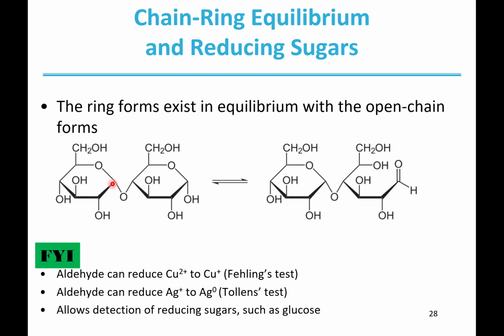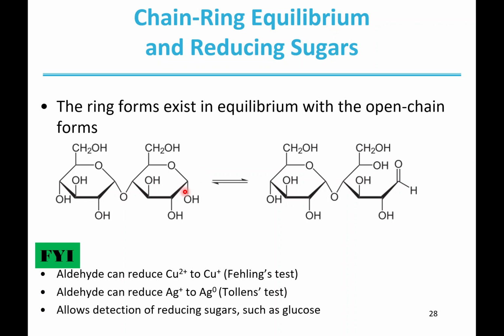This ring is not going to be able to open and close anymore. This is a fairly stable functional group. On this other end, we have a carbon attached to OR, hydrogen, an R group, and then an OH. And this is what's known as a hemiacetal again. A hemiacetal is not as stable, and this will have some equilibrium between the closed form and the open chain form. So this will open and close.